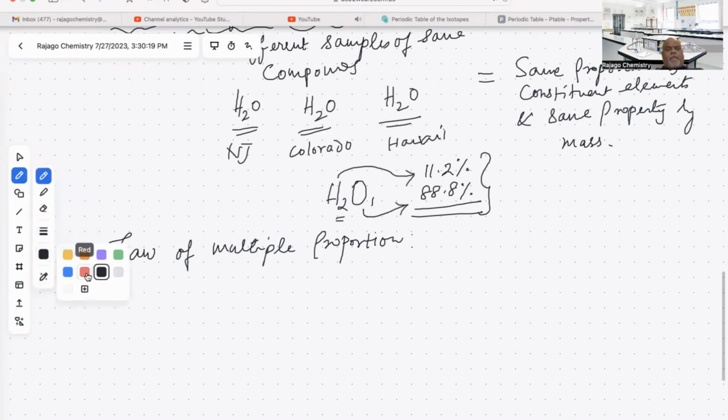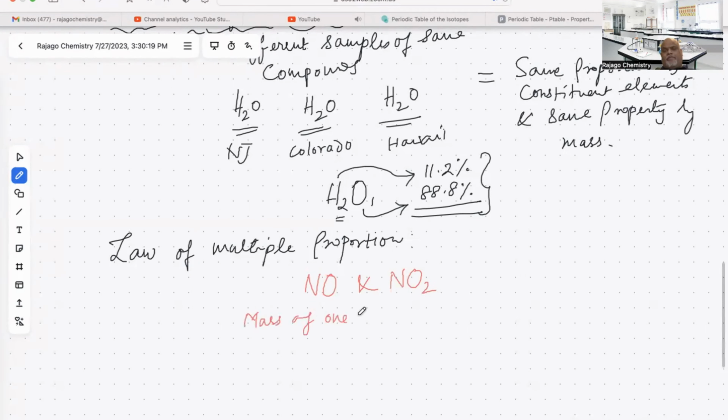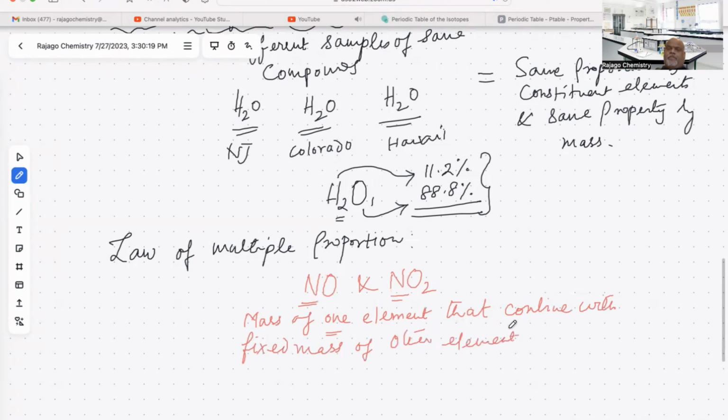So in multiple proportions, if you take nitrogen that reacts to form two compounds, let's say nitrogen reacts with oxygen to form NO and NO2, the mass of one element, so this nitrogen, that combines with a fixed mass of the other element, in that case oxygen, will always be a whole number.